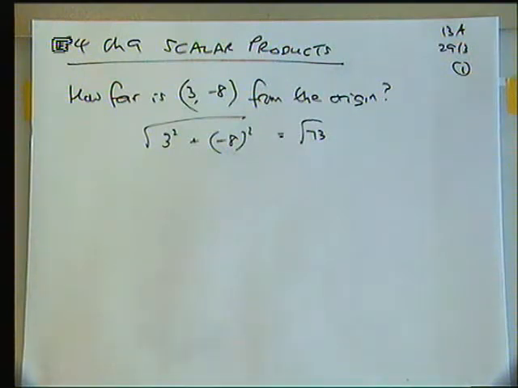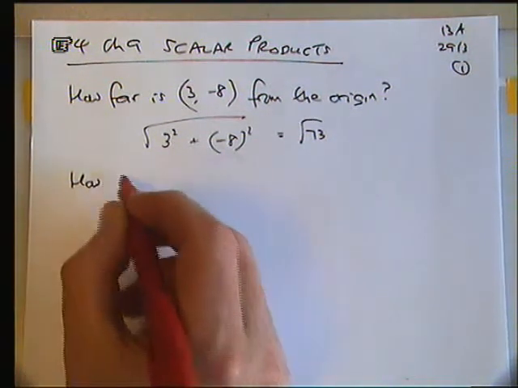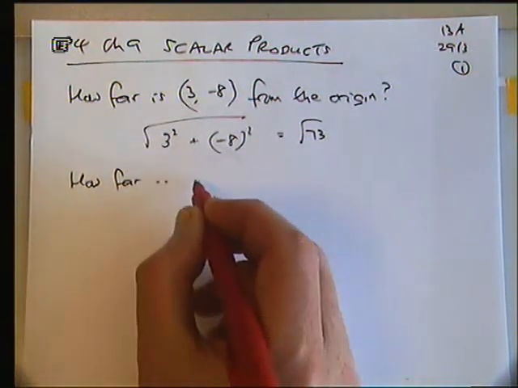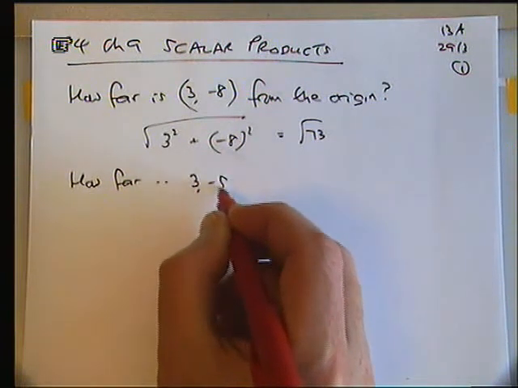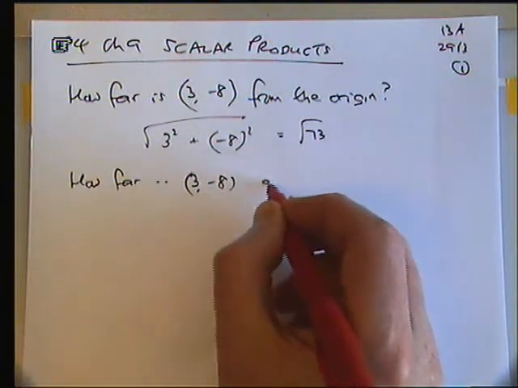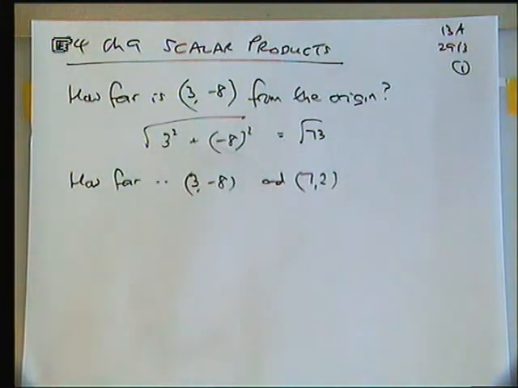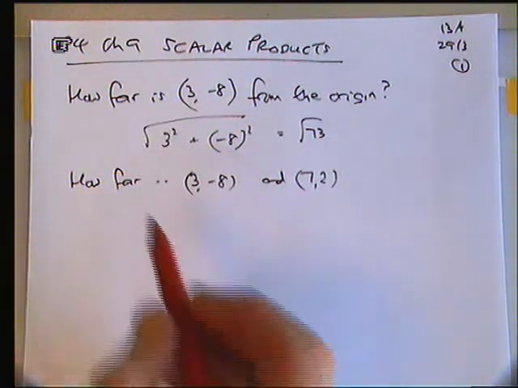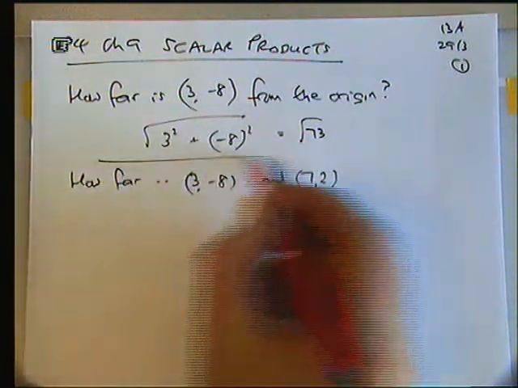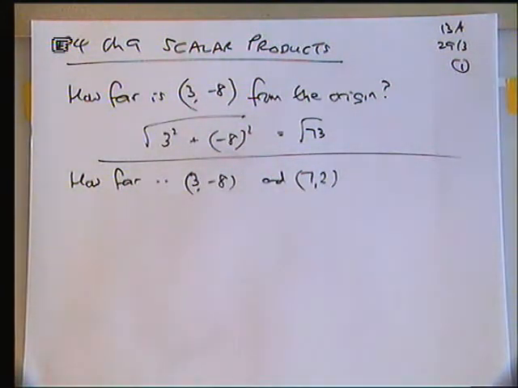Okay. So next question will be, how far is it between (3, -8) and (7, 2)? How far is it between those 2 points? Again, quick recaps. We're not going to the origin anymore.